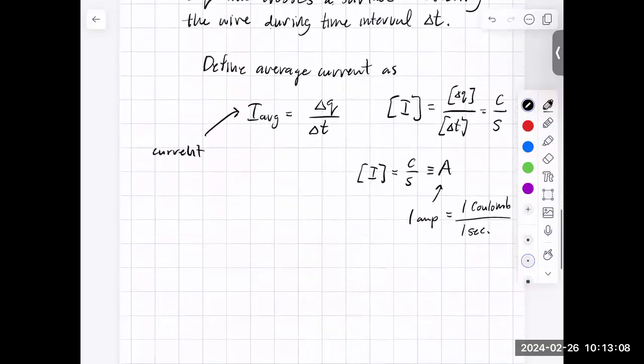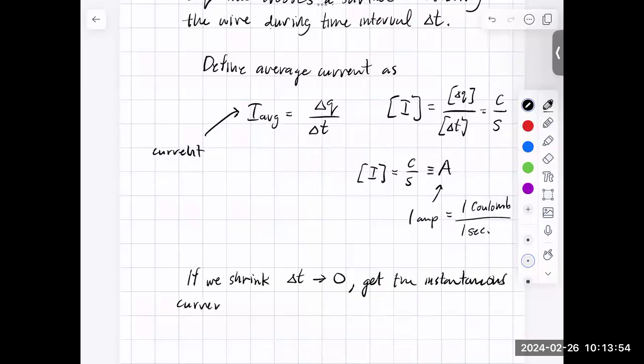Okay, so that's the average current, the same way we would define the average speed of an object: you take the total distance divided by the time interval. If you shrink your time interval down to an infinitesimal time, then you can get the instantaneous velocity, and the same thing, we can get an instantaneous current by taking a very short time interval, delta T. So if we shrink delta T, and take the limit that delta T goes to 0, we get the instantaneous current, which we'll just call I, dropping the average subscript.